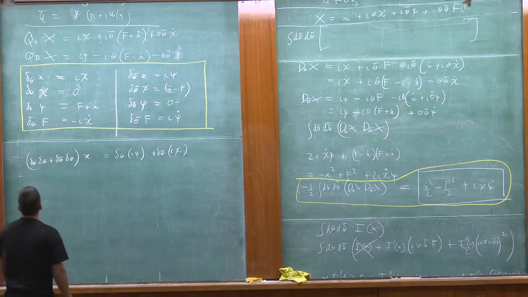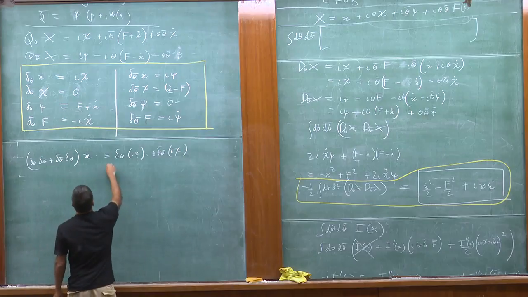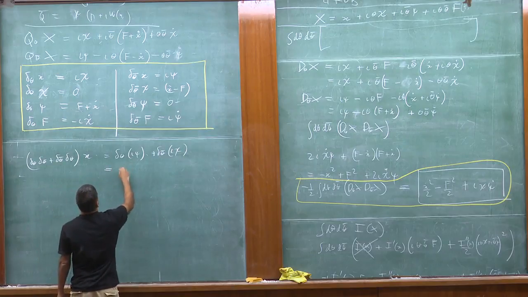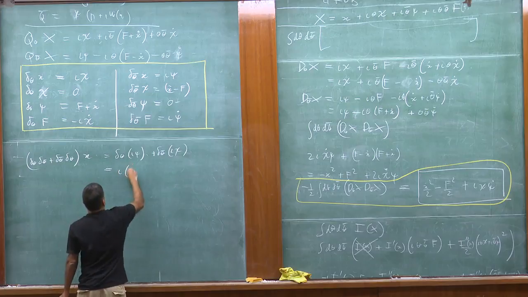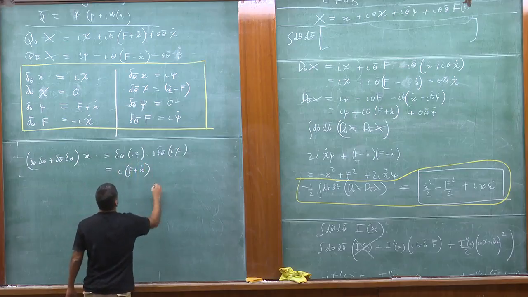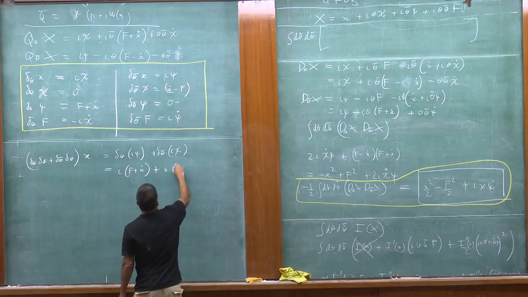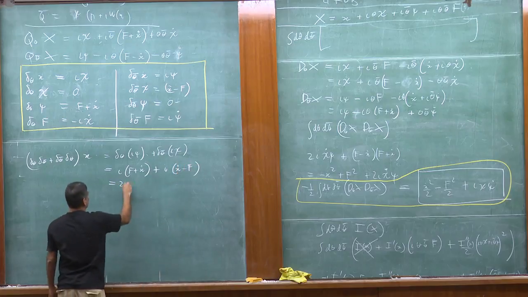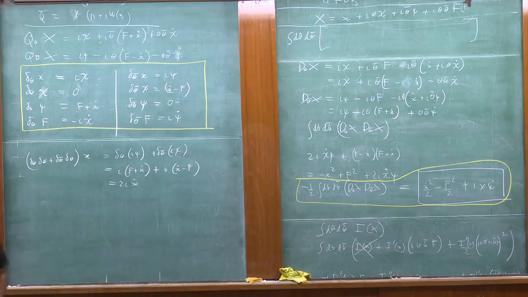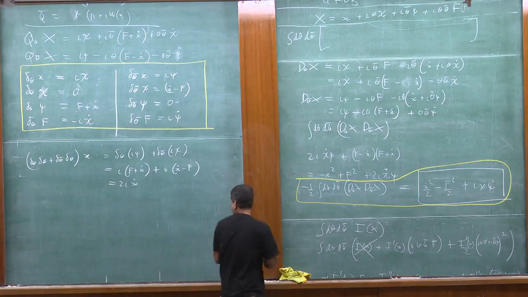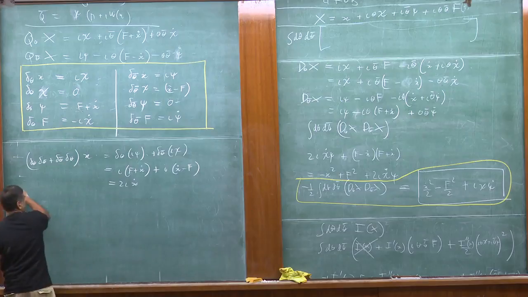Now delta theta of I psi was equal to I into f plus x dot, plus delta theta bar of I chi is equal to I into x dot minus f. So that's equal to 2I x dot. Quite remarkable. Okay, so it's 2I d by dt. Okay, I'll check the last 4 guys as well, and then we'll move away from algebra.